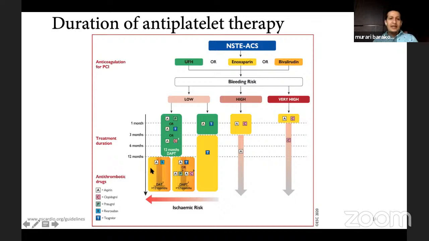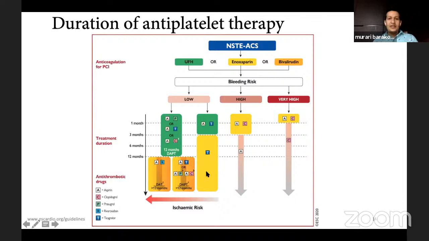So either I can give aspirin with rivaroxaban, that is a NOAC, but in a low dose, 2.5 milligram BD, or we can extend the same thing for more than 12 months.